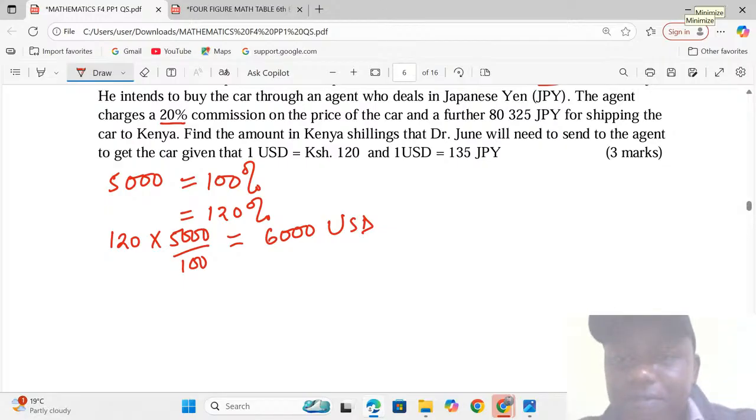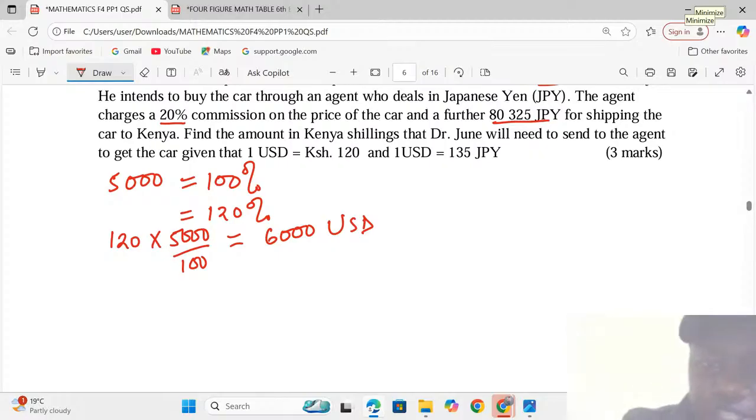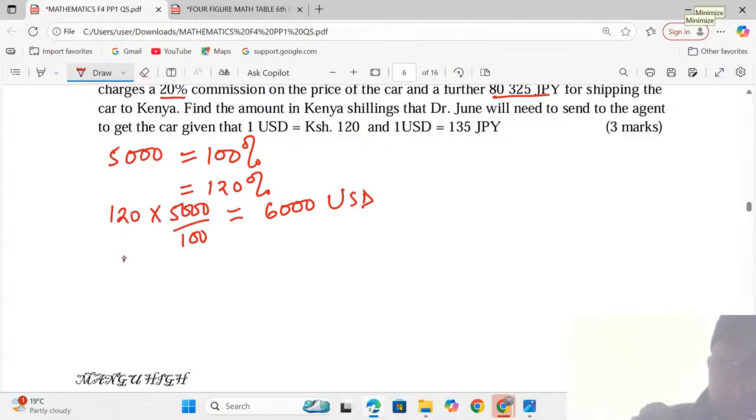That is what is for the car now. Then there is a further 80,325 Japanese yen. So we can first convert Japanese yen to US dollars, then back to Kenya shillings, or the US dollars to Japanese yen, then back to Kenya shillings. So let's talk about this. $1 equals 135 Japanese yen.